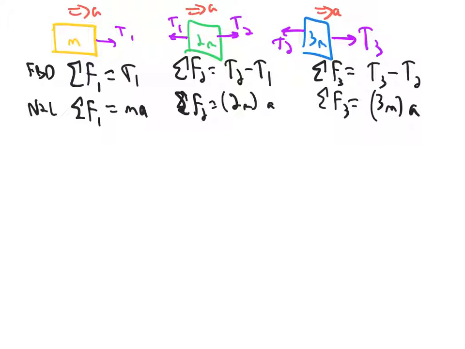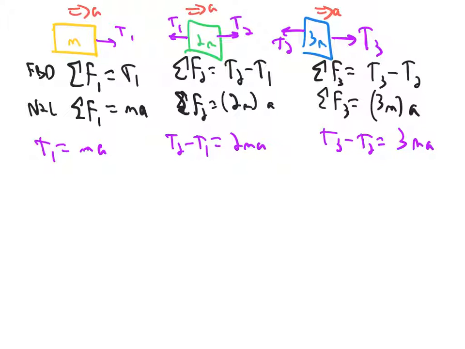When we're talking about each block separately, we have to use their separate masses, m, 2m, and 3m, instead of considering them all one object, in which case the tensions would have canceled and we'd have just the mass 6m. Then we put these things together: T1 equals ma, T2 minus T1 equals 2ma, and T3 minus T2 equals 3ma.